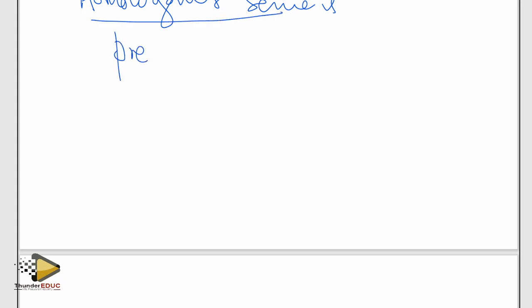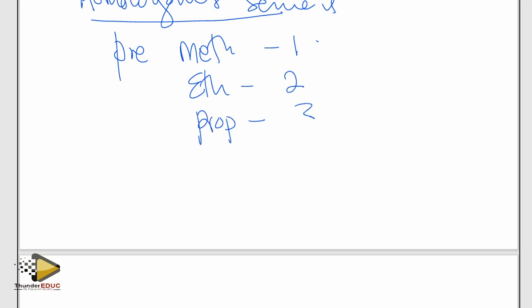The prefix helps us understand how many carbon atoms are present in each compound. So when you say meth in science, it means one carbon atom. Eth means two carbon atoms. Prop means three carbon atoms.